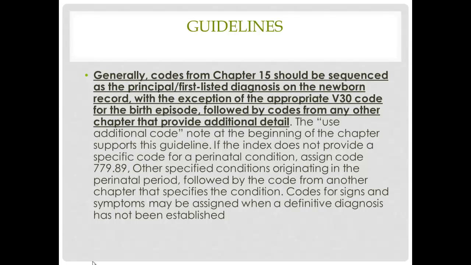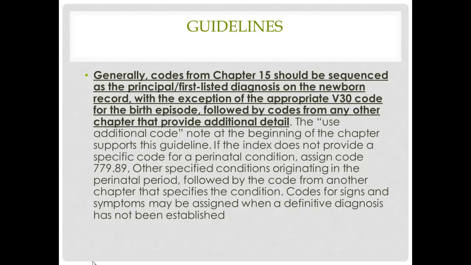And let's just take a moment to find that V code. You want to go to your ICD-9 manual, and you would need to find the code V30 in the back, in the V code section. When you find the V code, please note that you will need to add 2 digits to the end.